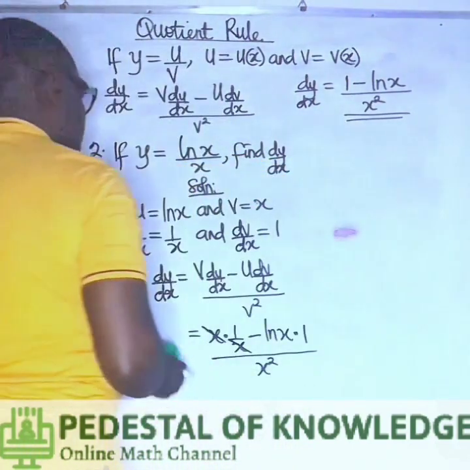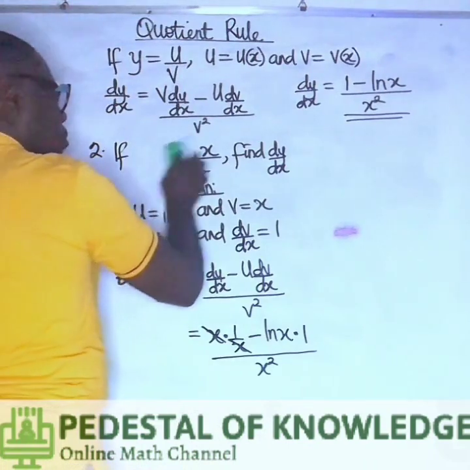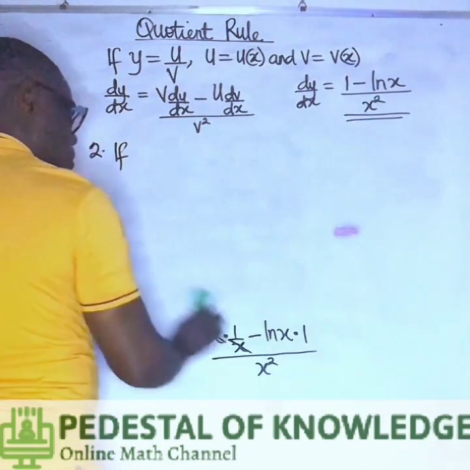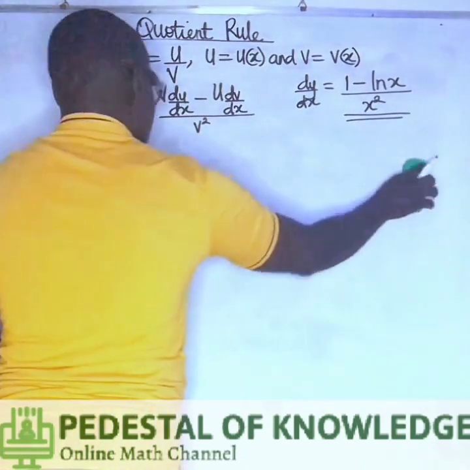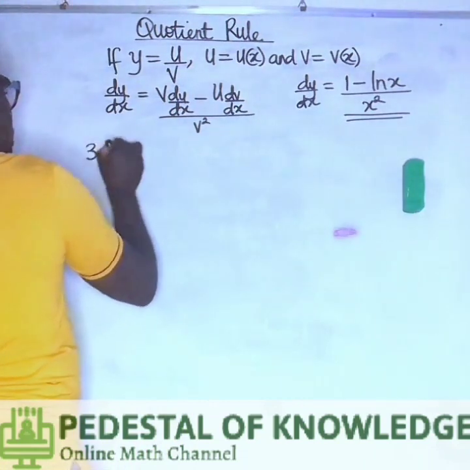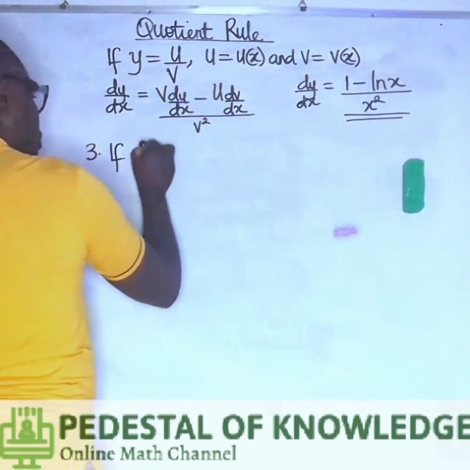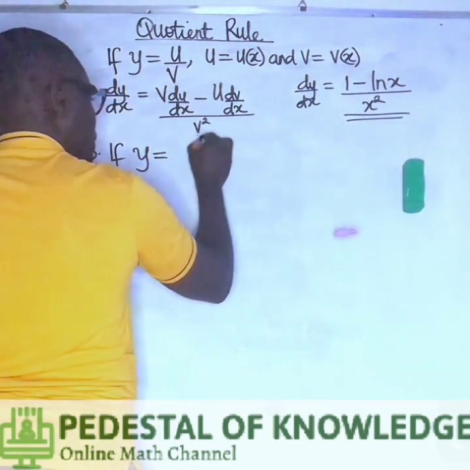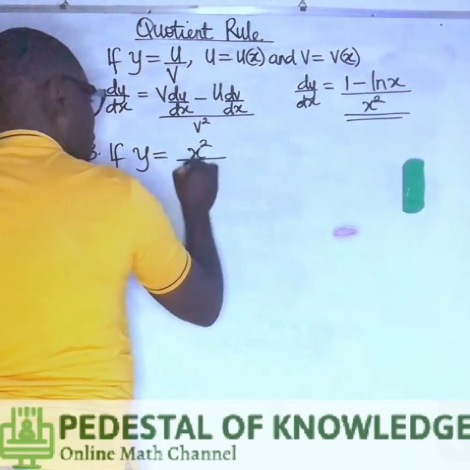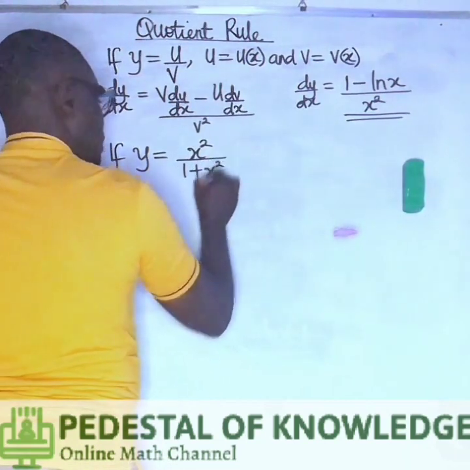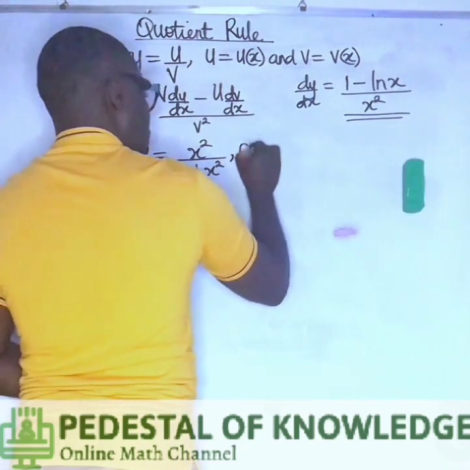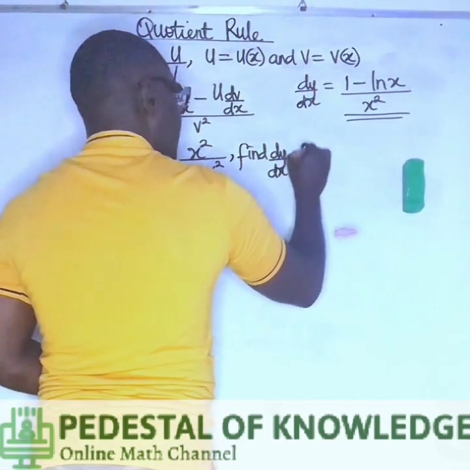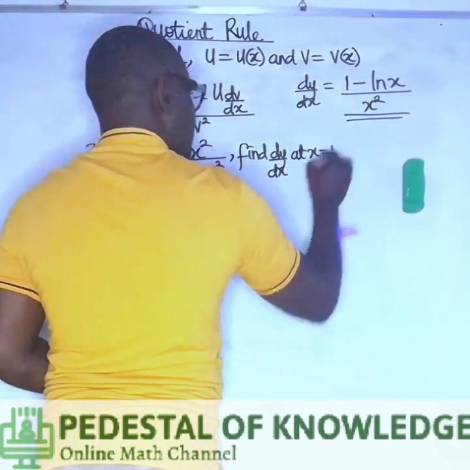We take example 3. Example 3 says, if y is equal to x squared divided by 1 plus x squared, find dy/dx at x equal to 1.